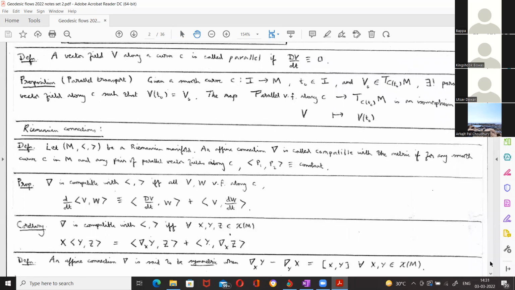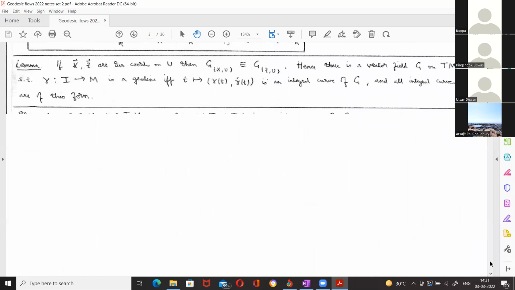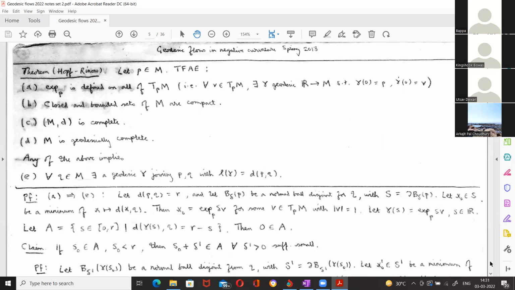Yeah, so we had these 5 conditions, A, B, C, D, E. We've shown that A implies E. Now we have to show that A, B, C, D are equivalent. That's not hard to do actually. Once we've proved A implies E, the rest will follow quite straightforwardly. So let's do A implies B: if the exponential map at P is defined on all of T_P M, then the closed and bounded sets of M are compact. Bounded means with respect to the distance function.